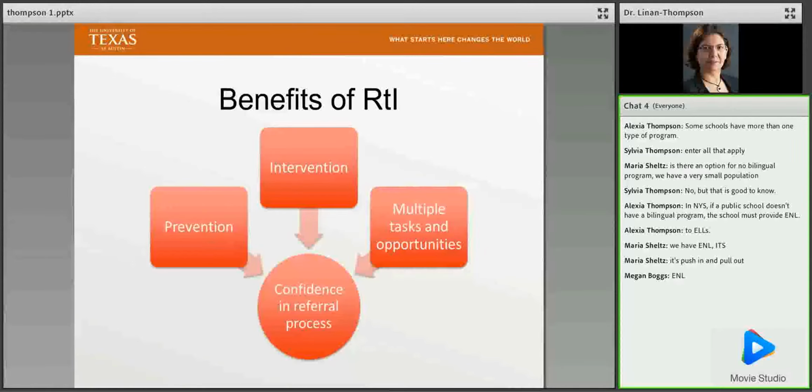And then the second part is multiple tasks and opportunities over time to demonstrate that they're learning. All of these things together increase our confidence in the referral process, right?